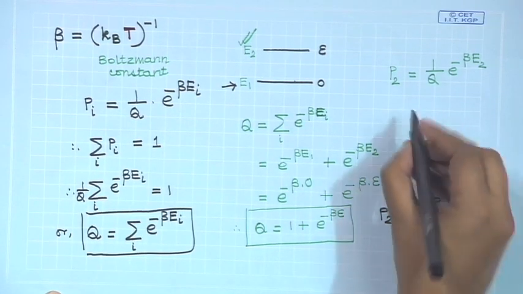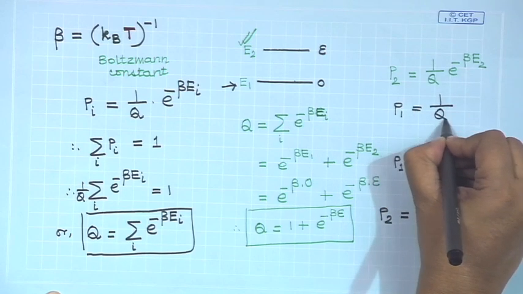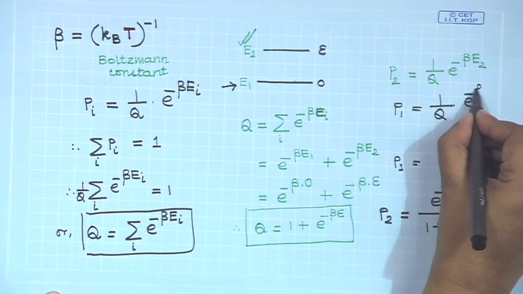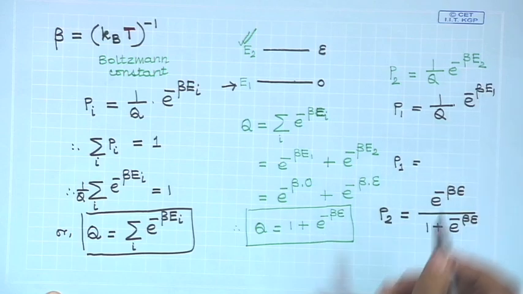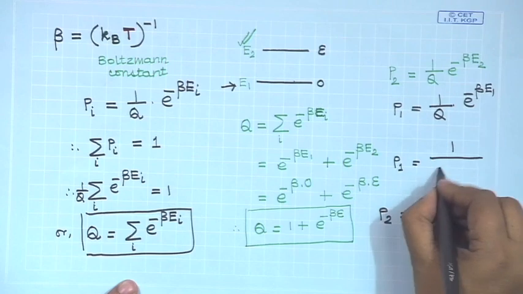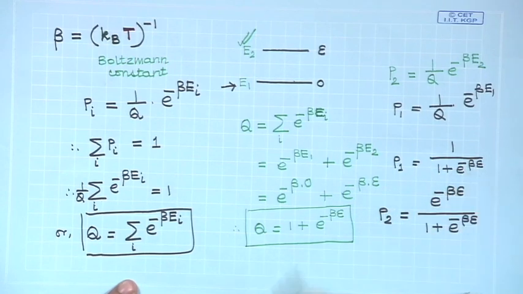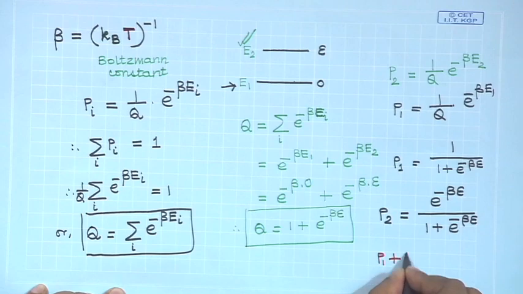By definition, P1 is equal to 1 by Q into e to the power of minus beta E1. If I put all the values back, what should I get? I get this is equal to 1 plus e to the power of minus beta epsilon, right. Now, you can very easily check that P1 plus P2 is equal to 1.